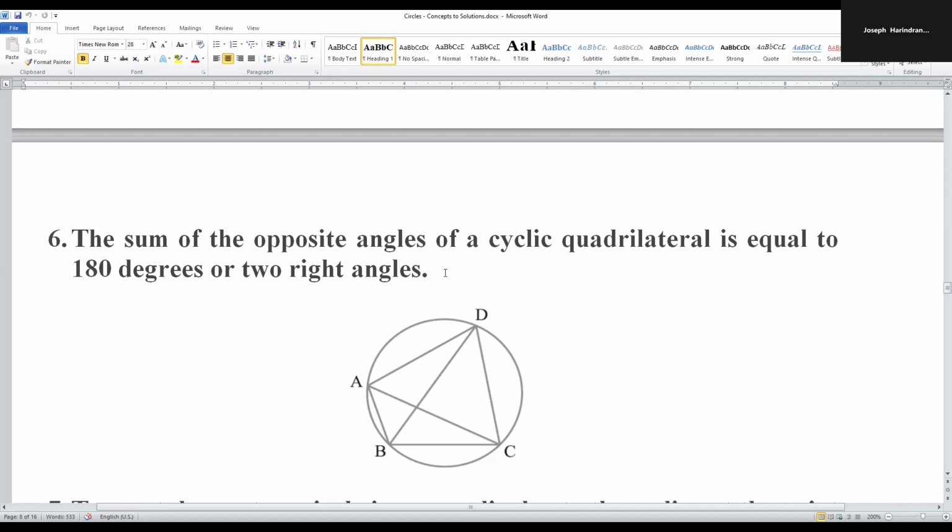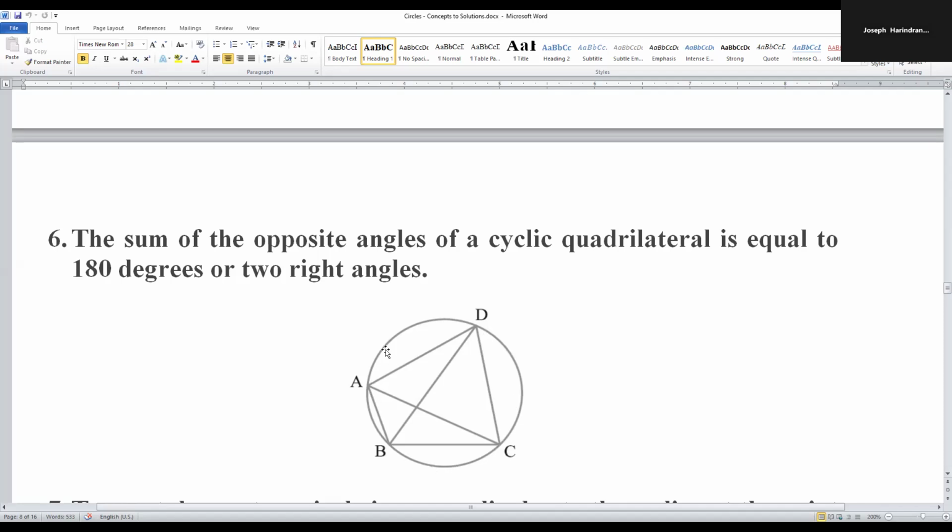This is a theorem on cyclic quadrilaterals. A cyclic quadrilateral is a quadrilateral which is inscribed inside a circle, or a circle is circumscribed about the quadrilateral, passing through all the 4 points.